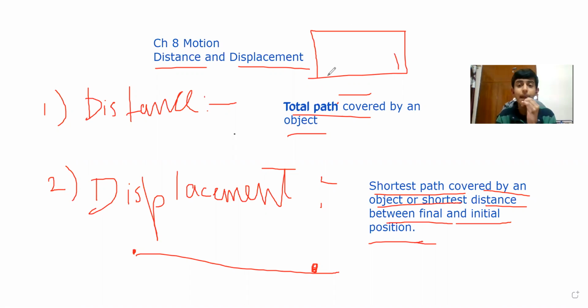We are going to see some examples to understand distance as well as displacement, because through those examples it will be more clear to us. Let's see example number 1. In these examples, we need to identify what the distance is and what the displacement is.